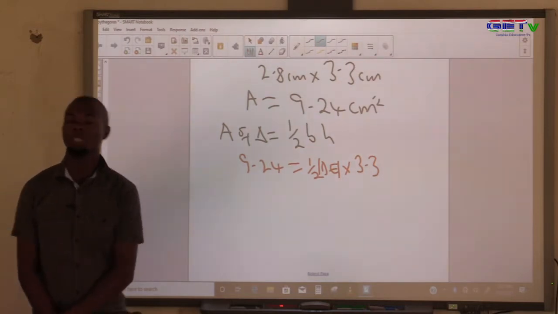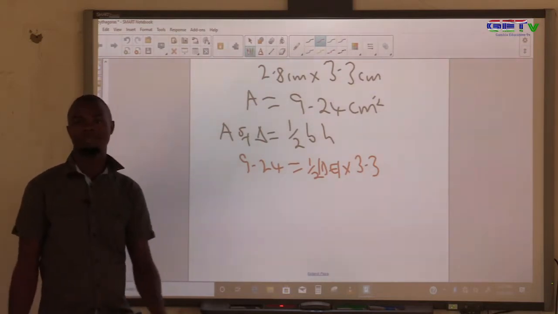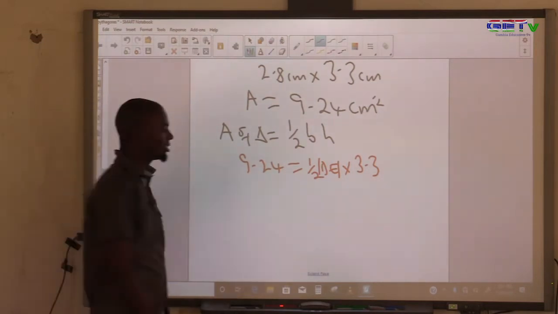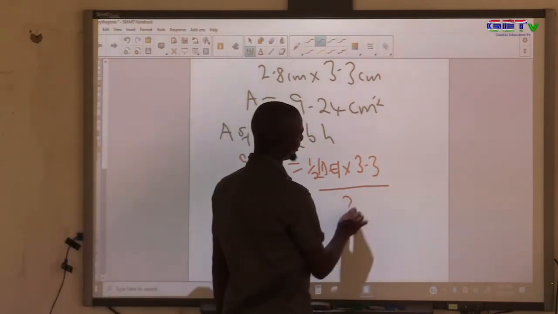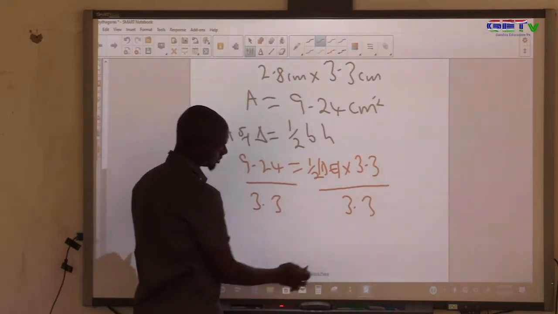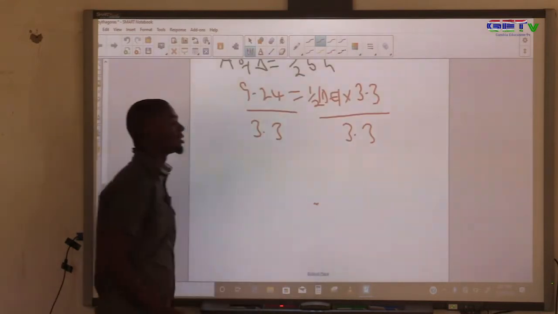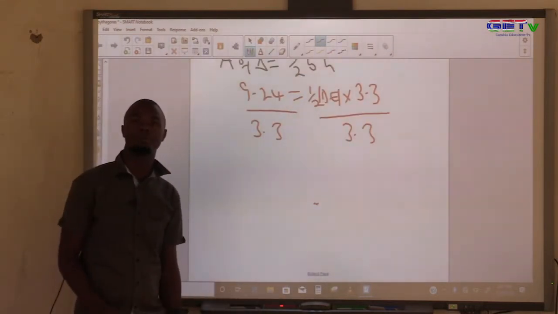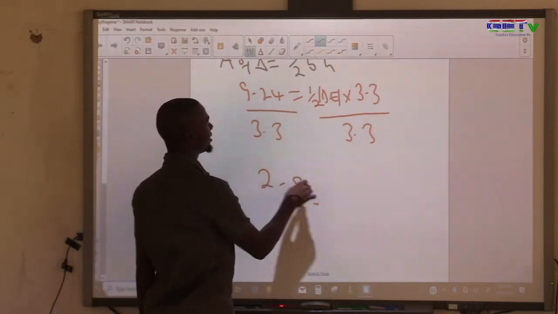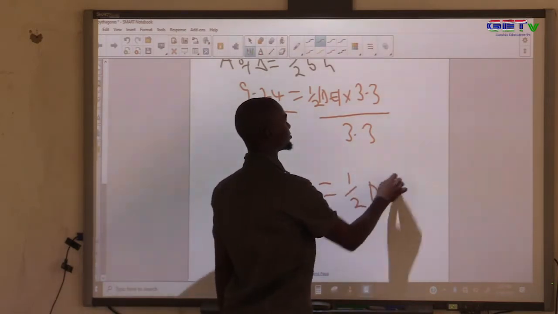You can divide both sides throughout by 3.3. Divide throughout by 3.3, and here also you divide by 3.3. How much do you have? 9.24 divided by 3.3 will give you 2.8 is equals to half DE.